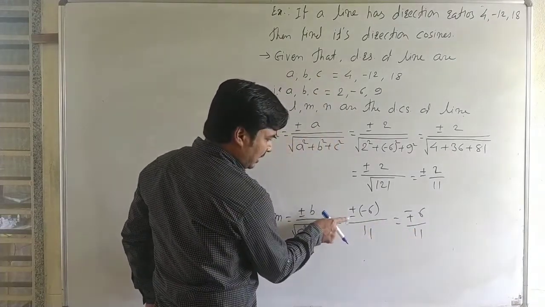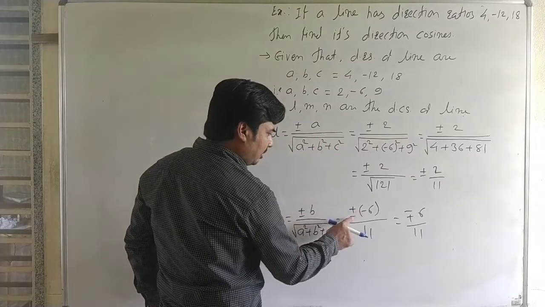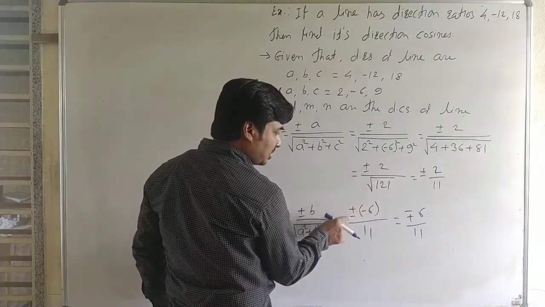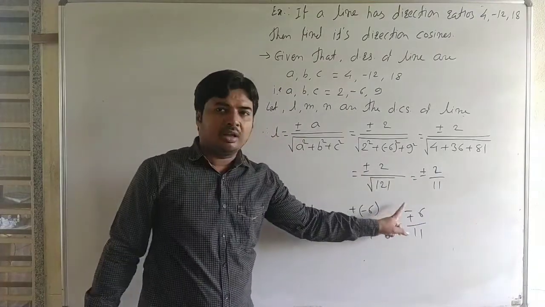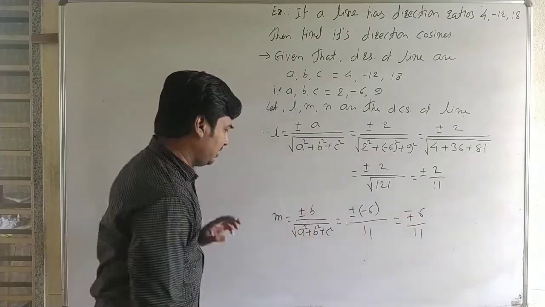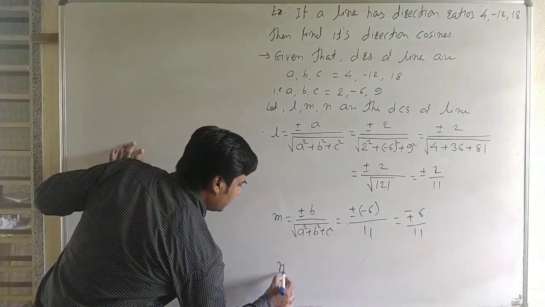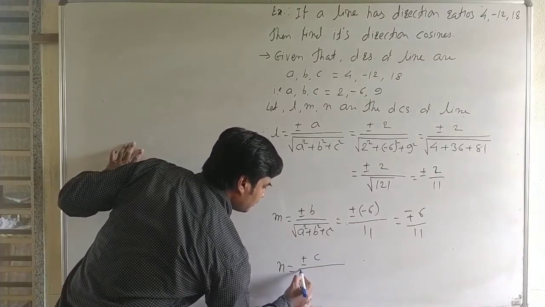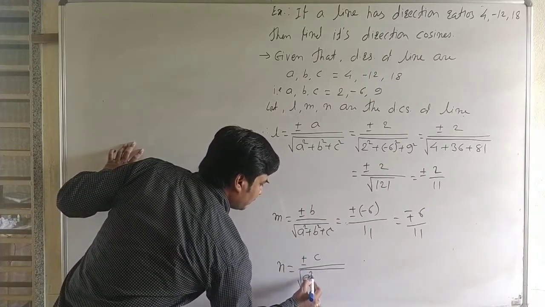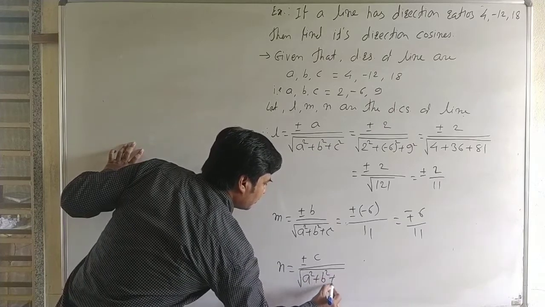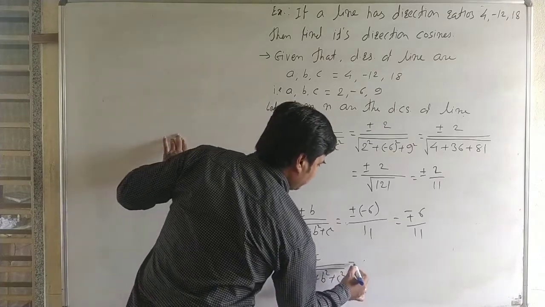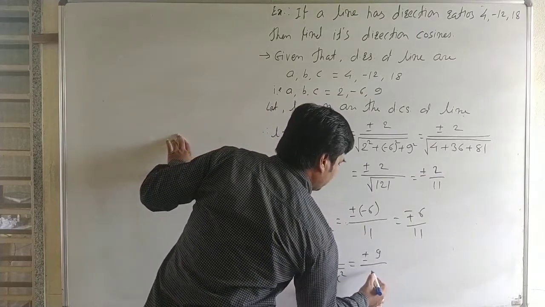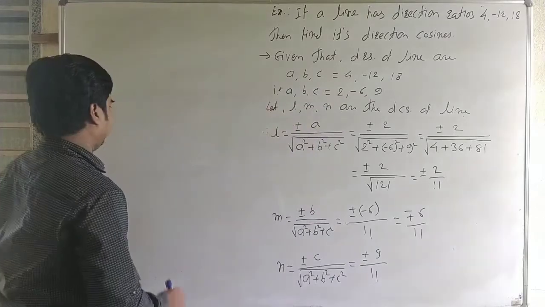Here when we take plus it is minus, and when we take minus it is plus. Then last, N is equal to plus or minus C upon under root A square plus B square plus C square, which is plus or minus 9 upon 11.